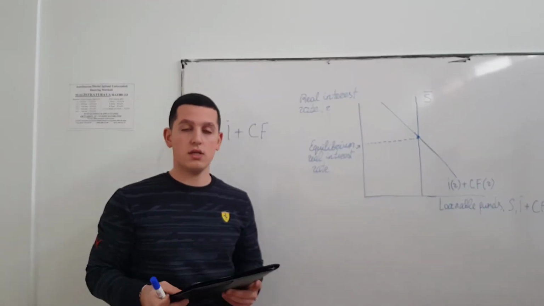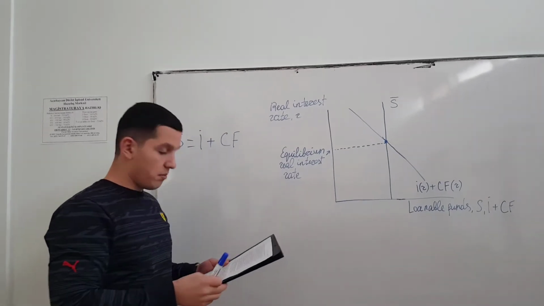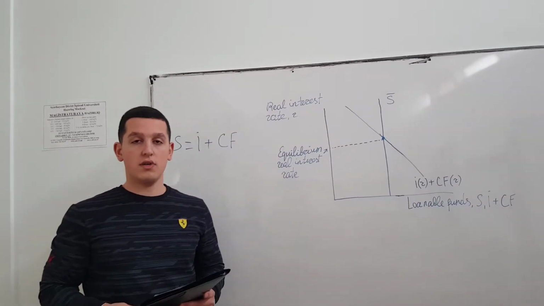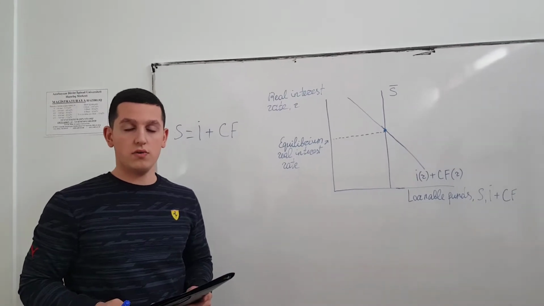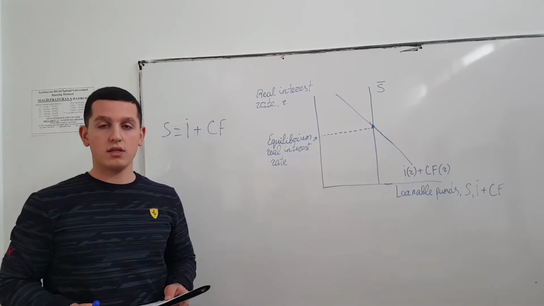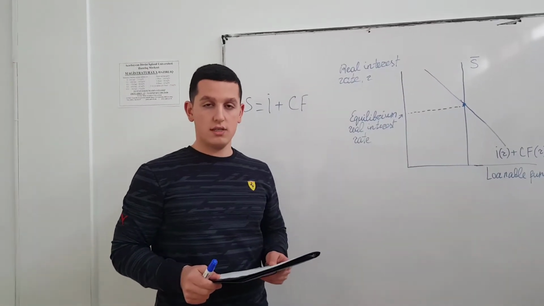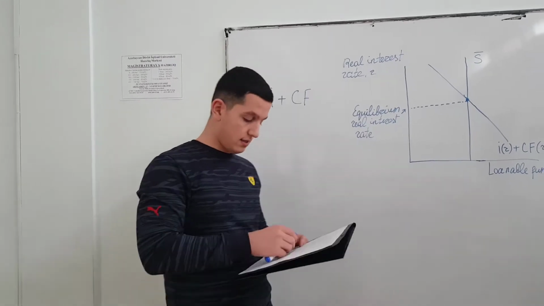Consider how these three variables are determined. National saving is fixed by the level of output, fiscal policy, and the consumption function. Investment and net capital outflow both depend on the domestic real interest rate. We can write this formula.